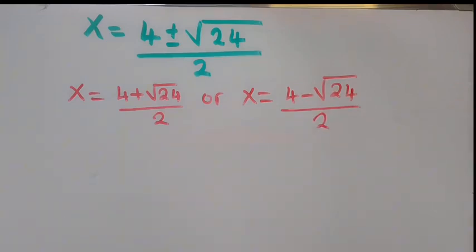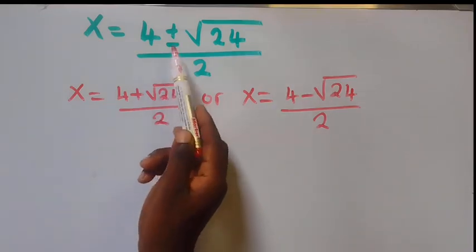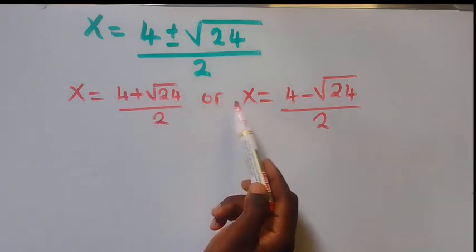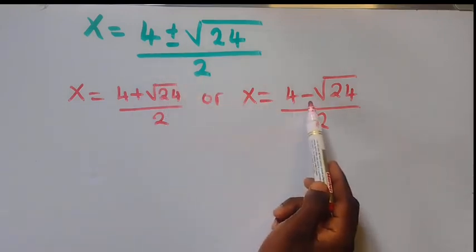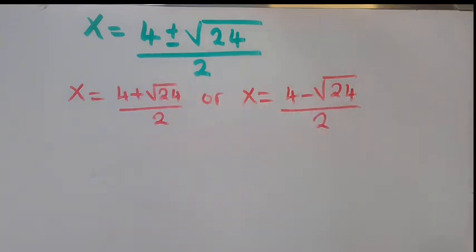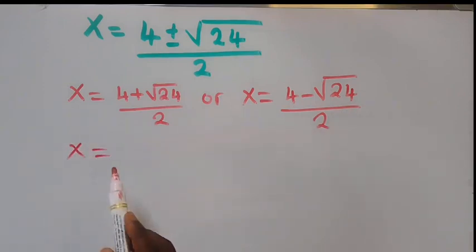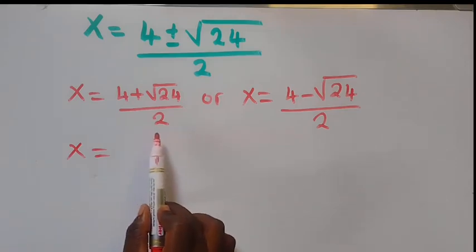I hope you are following what I've done there. We have just separated them because we're having a plus and a minus. So 4 plus this divided by 2, or x is equal to 4 minus the square root of 24 divided by 2. This is very easy. Then from here, don't waste time.